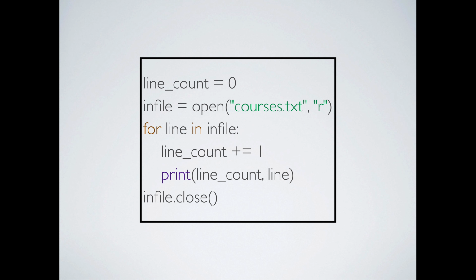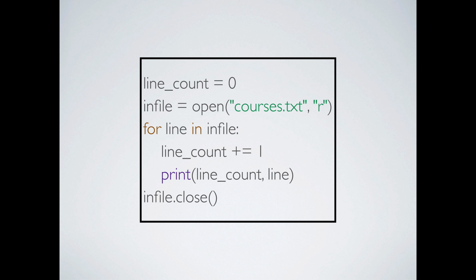So for line in file, first thing I do is I add 1 to the line count. This line of code, line count plus equals 1, is the same as saying line count equals line count plus 1. It's a shorthand for that. And then I say print the line count and the line.